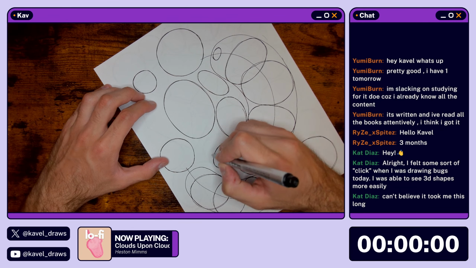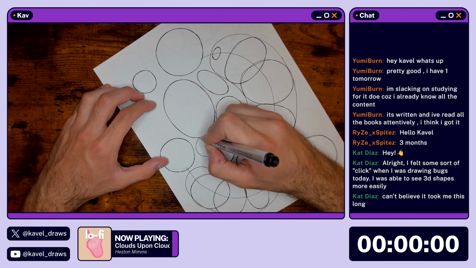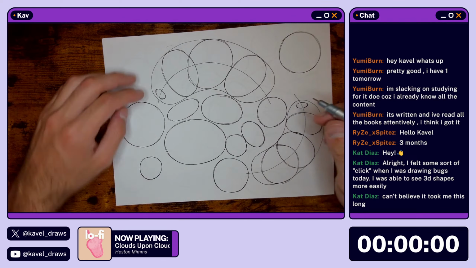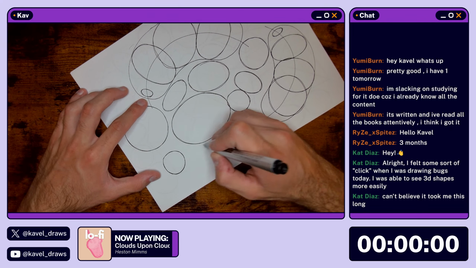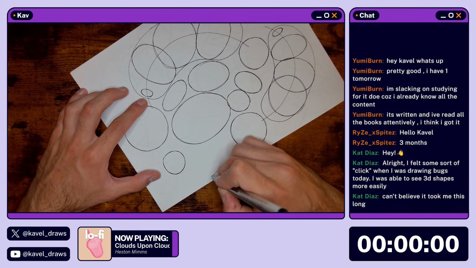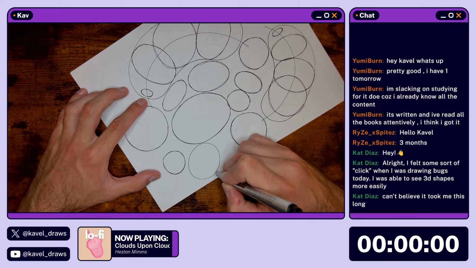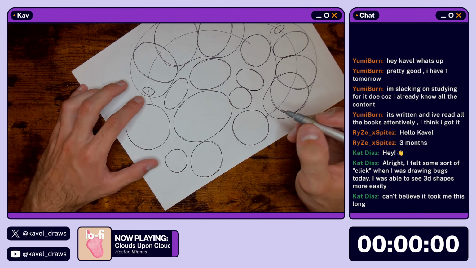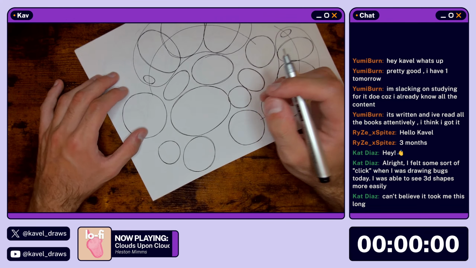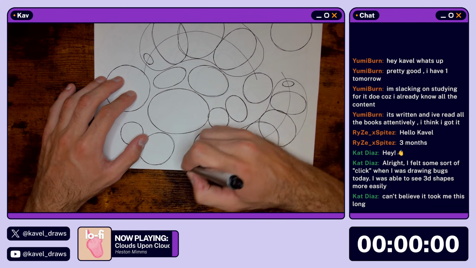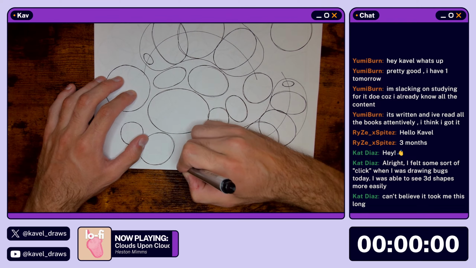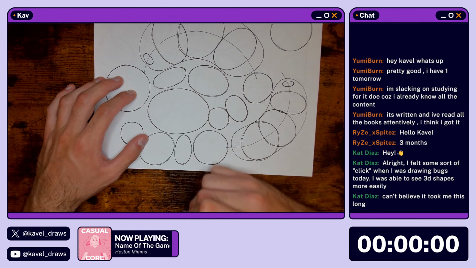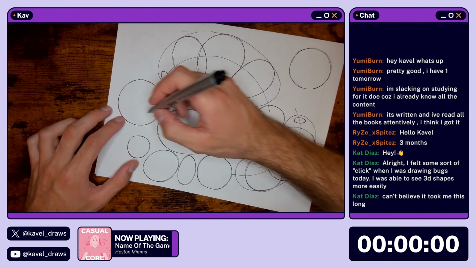It took me forever to have that realization. I mean, like we talked about yesterday, I had to do tons of pages of ellipses and circles and spheres just to understand how spheres and stuff collide and all that.